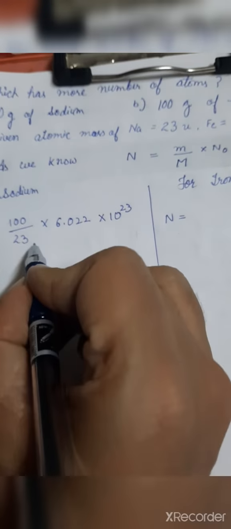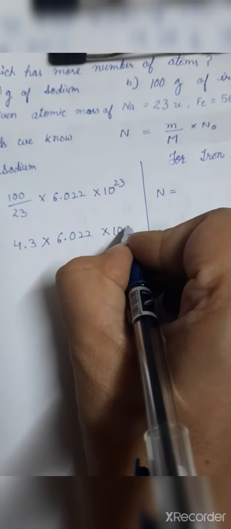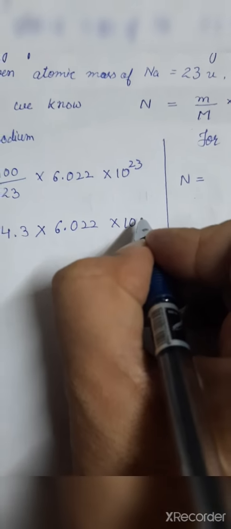When we calculate 100 upon 23, it will be 4.3, which will be multiplied with 6.022 into 10 raised to power 23.